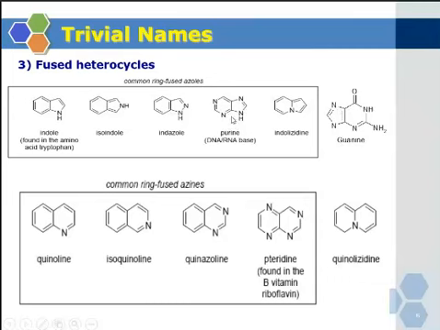This is the purine ring, and the purine ring is associated with its substitutions to give us this guanine base. The common fused azines include quinoline, isoquinoline, quinazoline, pteridine, quinolizidine, of which these two, quinoline and isoquinoline, are included in your syllabus, which we will study in detail as we move forward.